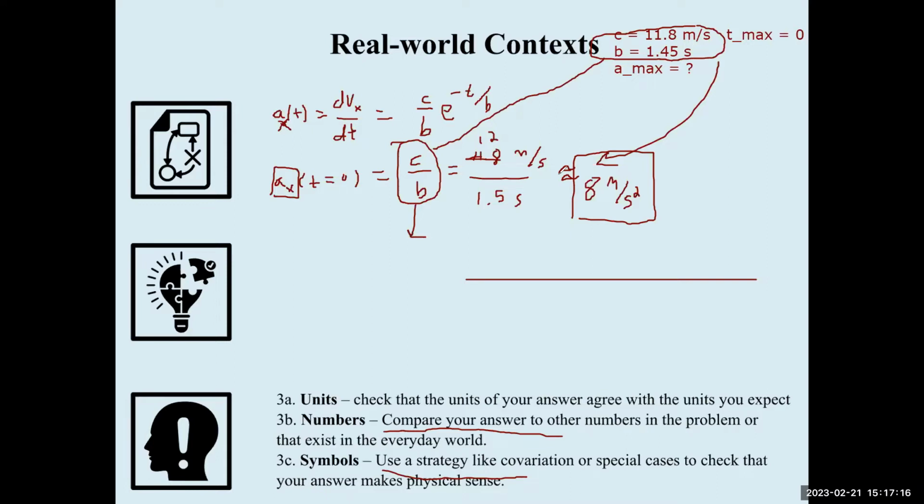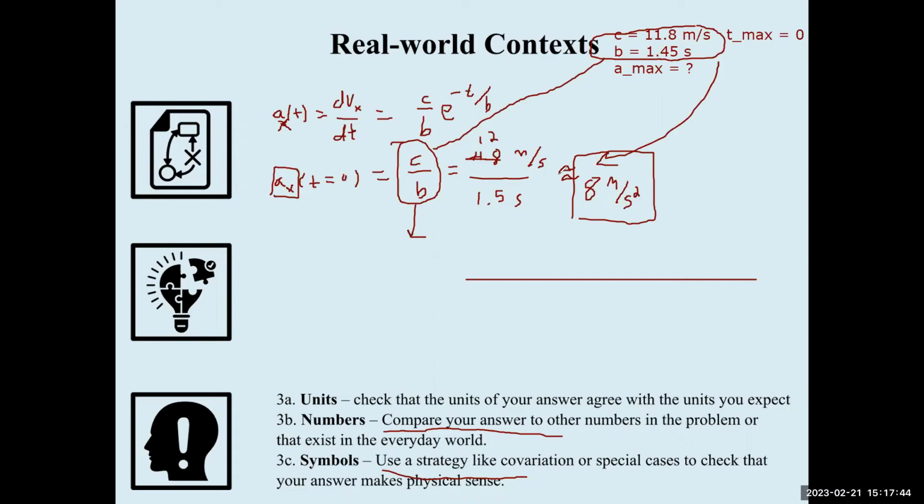On the other hand, this b quantity is a time-like quantity, and in fact is telling me something about how long it takes for the runner to get up to that top speed. Given that, if b were larger, if it were going to take me more time to get up to a top speed, I wouldn't have to accelerate as fast at any particular moment, including at the start.